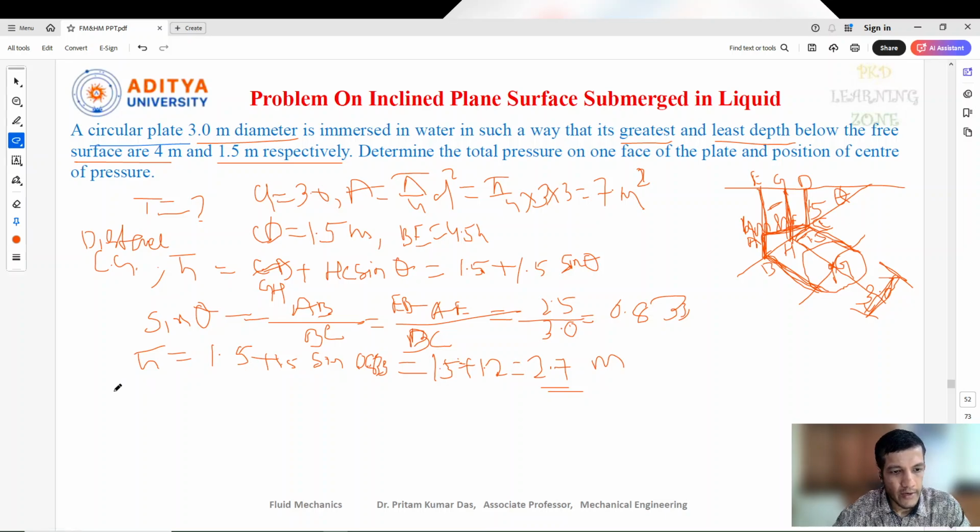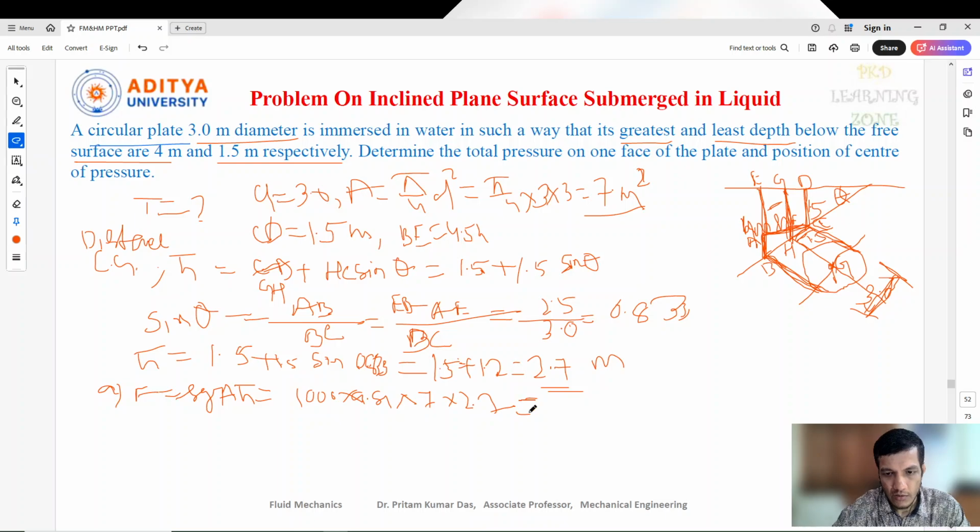Now here we can find out the value of total pressure force, F equal to rho g A h bar, because this is the formula. Previously we know that. Now here rho we know, 9,000 into 9.81 into area, what we got previously, 7 point some value, into 2.7 value.